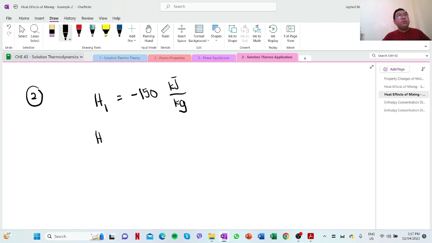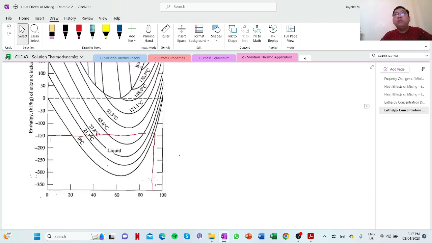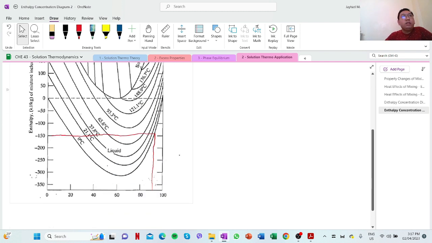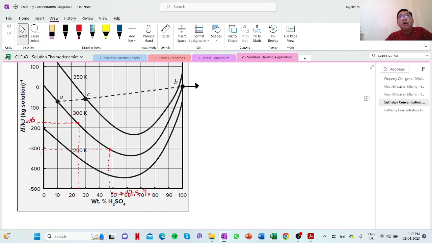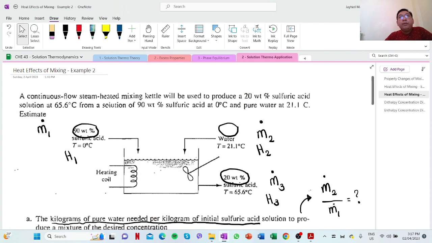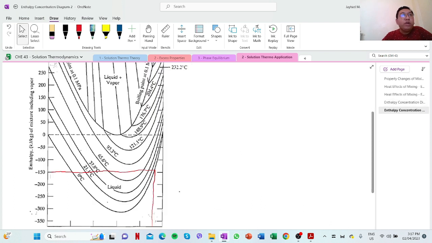And for my H2, this is pure water. Hopefully, it's also zero. So, pure water, so 0 weight percent. But the temperature is not 0 degrees, but at 21.1 degrees Celsius. So I need to look for an isotherm that is here. So for this one, this is zero weight percent H2SO4. This is pure water in this side of the diagram.